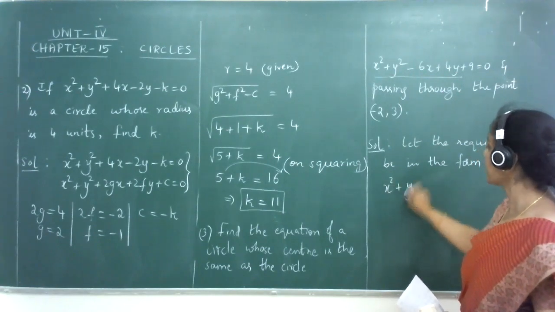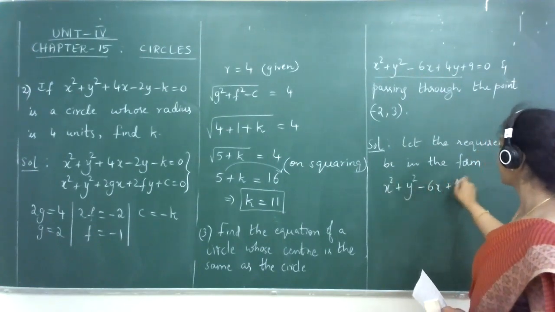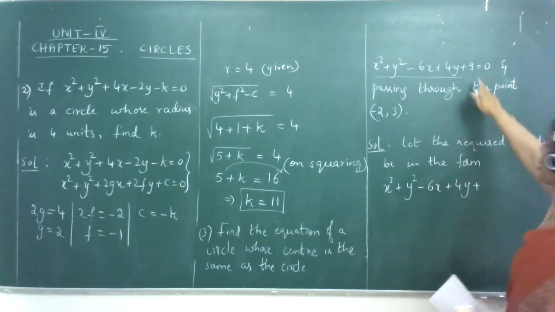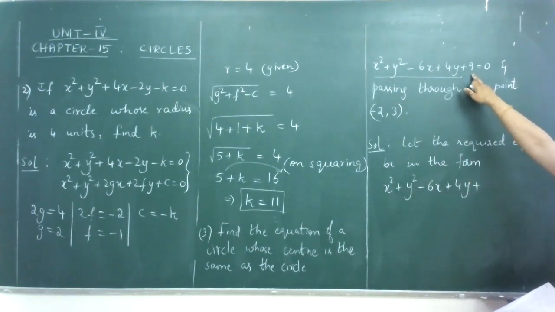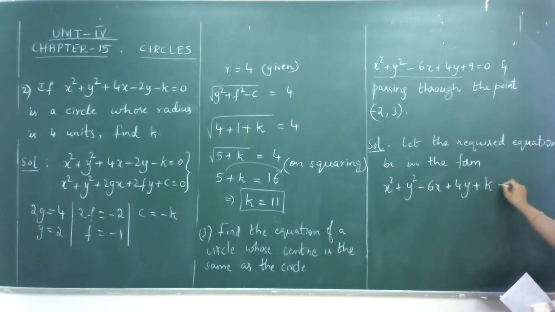The constant in the given equation is 9. Here we will use k, so x squared plus y squared minus 6x plus 4y plus k equal to 0. We shall mark it as equation number 1.